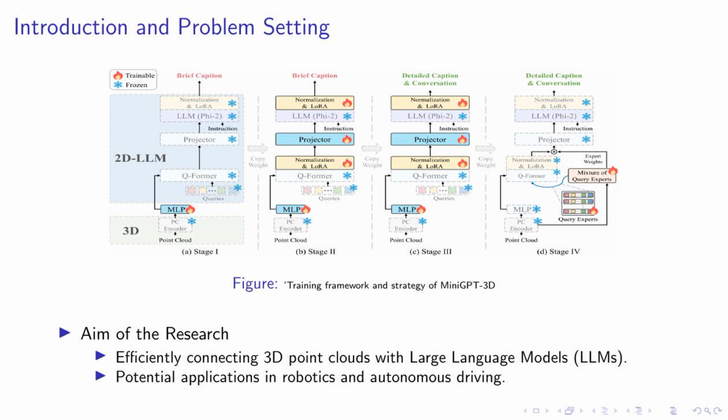Training process: 4 stages, each with a unique focus. Stage 2: transfer of vision language knowledge to 3D space. Stage 3: fine-tuning for better 3D language comprehension.